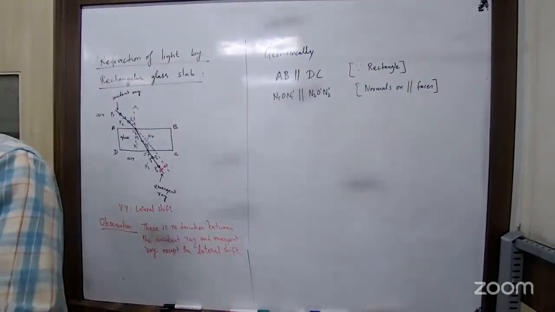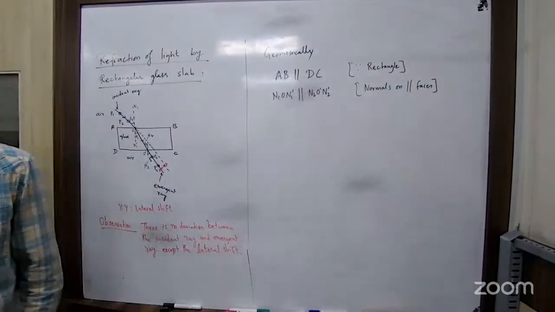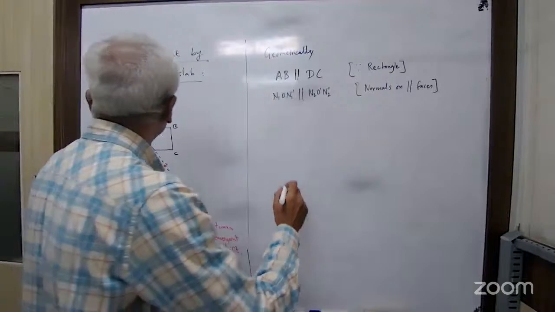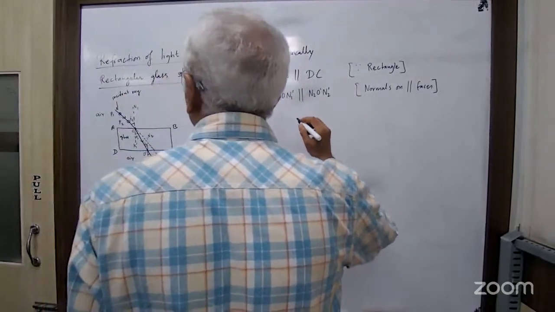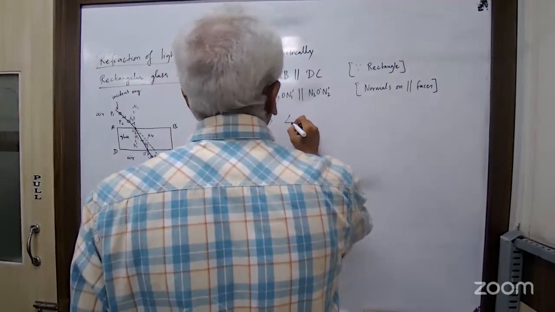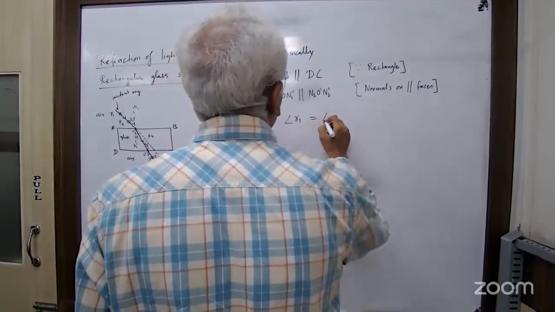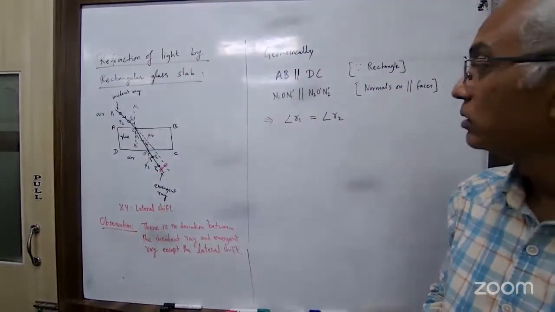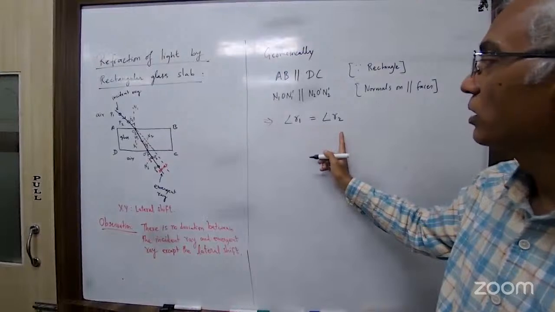These are normals on parallel faces. It has to be parallel. So therefore, this implies angle R1 must be equal to angle R2. Correct? Angle R1 is equal to angle R2.